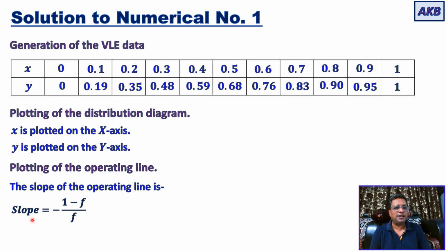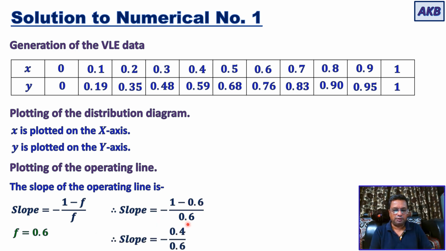The slope of the operating line for flash distillation is -(1 minus f) upon f, where small f is the fraction of the original feed that gets vaporized. So f is 0.6, that is given to us. So you can get the slope as -(1 minus 0.6) divided by 0.6, that is minus 0.4 divided by 0.6, so the slope is equal to minus 0.67.